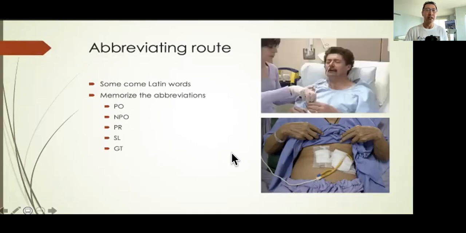And another one is through the NG tube. I'm not sure if this is part of your skills for this semester, but you're going to learn how to put in an NG tube. This is inserting a long tube through a patient's nose down to their stomach. Same reason. For some reason, the patient cannot swallow, something's blocking, they had a stroke, many reasons, but they cannot use their mouth.